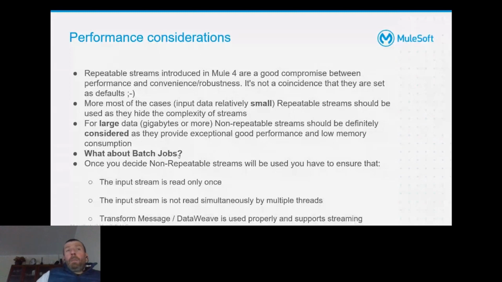Why? Because in the first phase of the batch, as you probably know, a batch step has three phases: the load and dispatch phase, then the process phase, and the summary phase. The load and dispatch phase is the implicit one, so we don't have any options to influence it. In this phase, the data is being read and stored in a persistent queue.